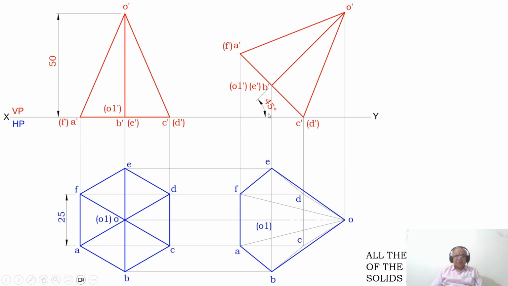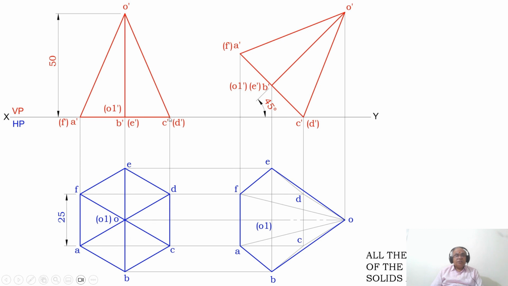You know that this is 45 degrees and this is the perpendicular line. So 90 plus 45 is 135 degrees, and the entire angle of a triangle is 180 degrees. So 180 minus 135, that is 45 plus 90, gives 45 degrees, so you will be able to get 45 degrees with respect to the XY line.